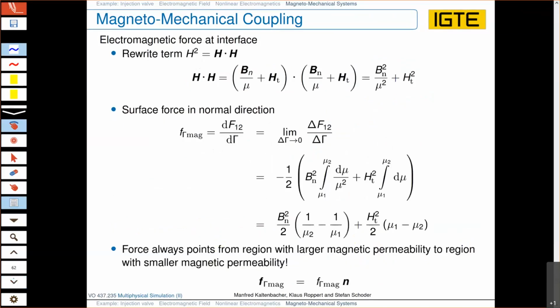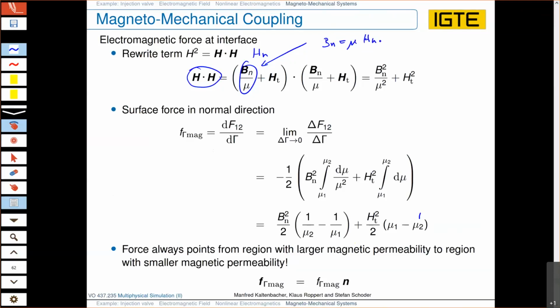Okay, in doing so, we can rewrite h squared, which is nothing else than h as a vector dot product with h itself. So we rewrite it now in the normal component. So this is h normal, which we can express by p via our constitutive equation again. So we can clearly write this also, that Pn, since we assume an isotropic material behavior, is mu Hn.